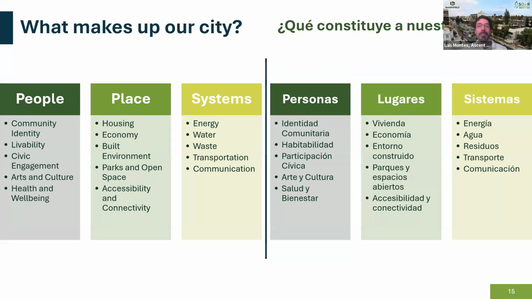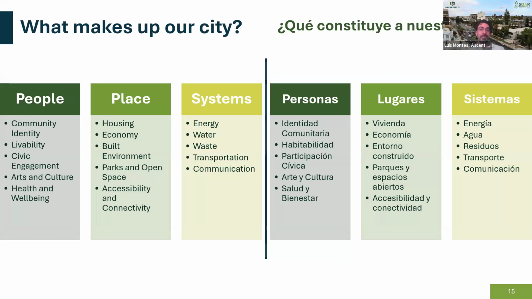When we think about what makes Bakersfield, we can categorize it into three parts. We have people, we have places, and we have systems. People are the social component that includes community identity, livability, civic engagement, arts and culture, and health and well-being.